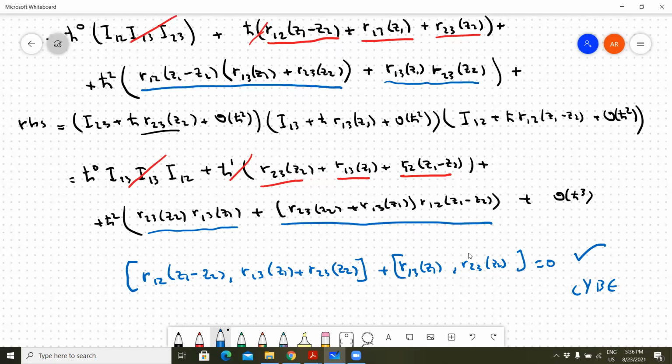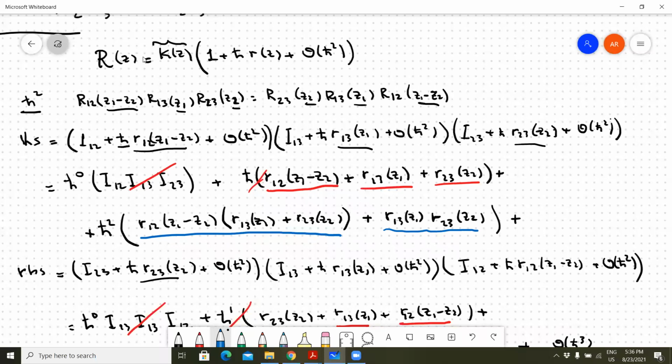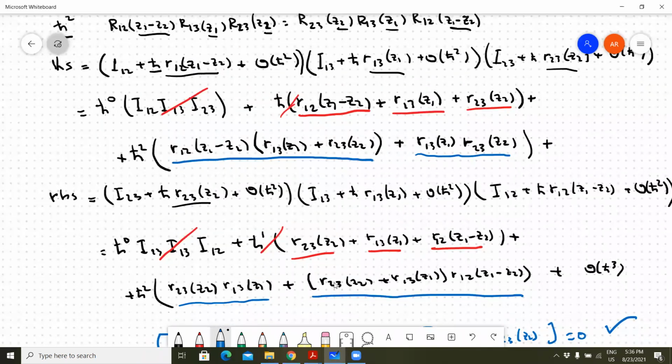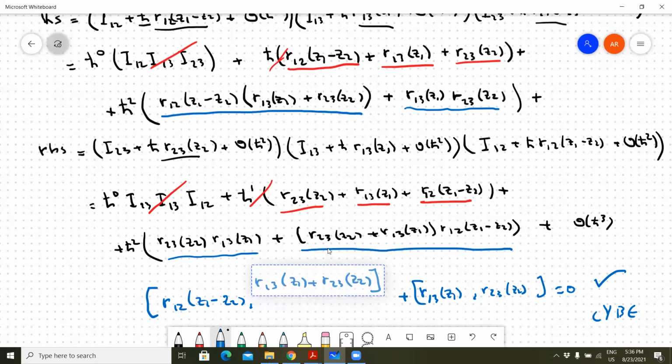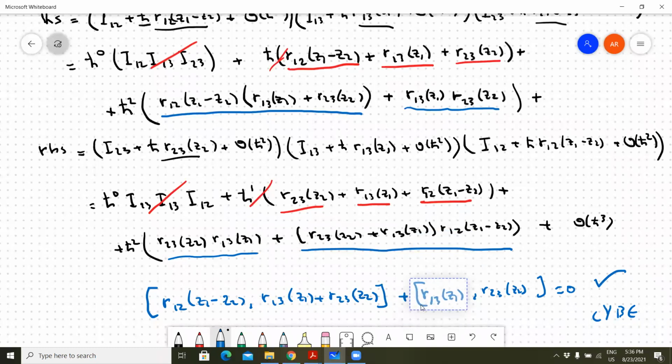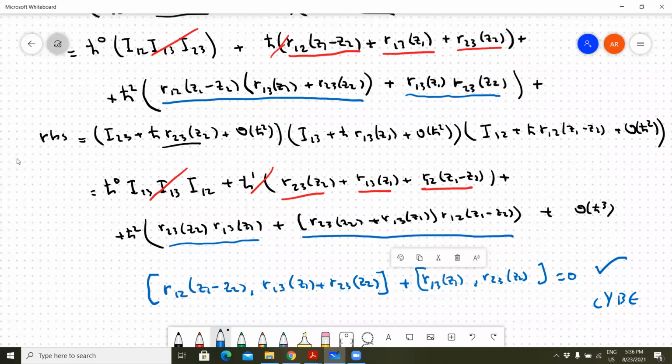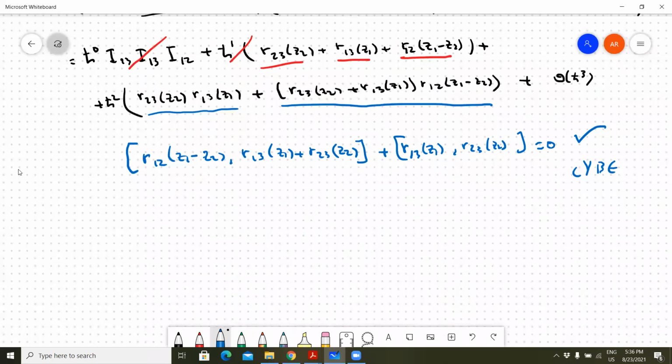So with this, we see that we can recover the classical limit when we take this expression. And also here you can see why you cannot just multiply the classical R matrix by some function.